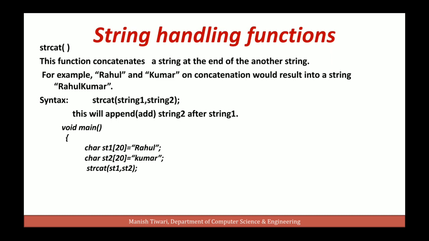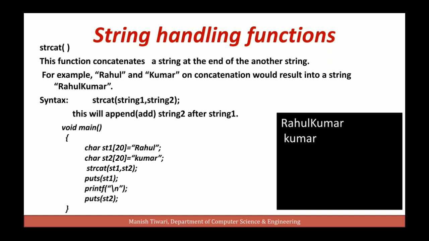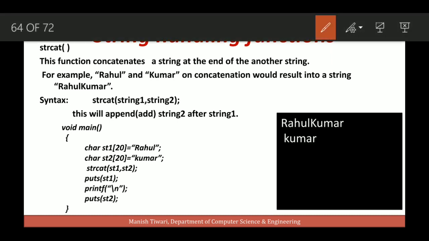So the strcat function will concatenate these two strings st1 and st2, and the resultant string will be stored in st1. So when you print the value of st1, Rahul Kumar will be printed. You can see the value of st1 is Rahul, the value of st2 is Kumar, and we are concatenating these two strings using the strcat function.